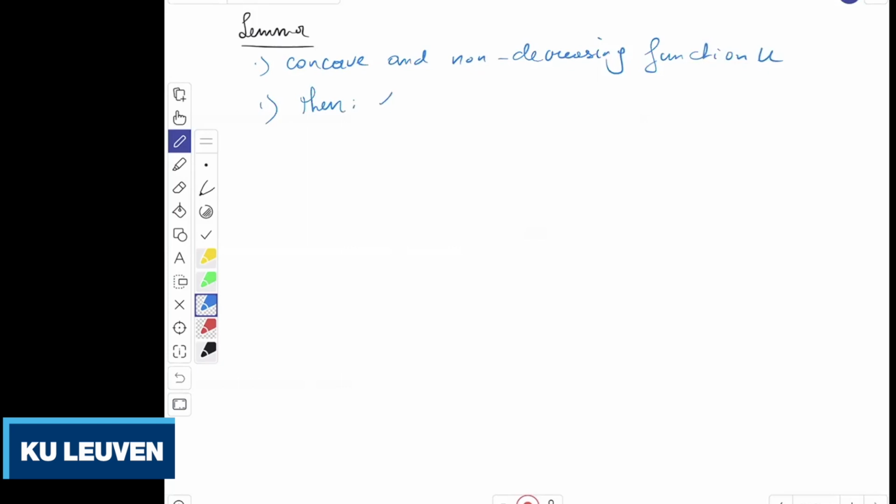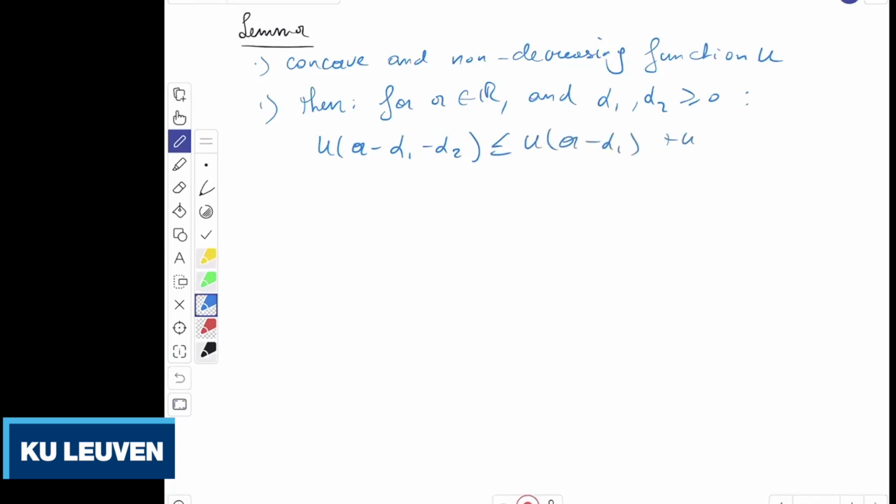Then for a number a in R, so I assume that u is real valued, otherwise you have to restrict the domain of a, but assume it's real valued and defined on R, and I take alpha 1, alpha 2, these will be my increments, I take them positive. Then we have that u(a - alpha 1 - alpha 2) is smaller than u(a - alpha 1) + u(a - alpha 2) - u(a).